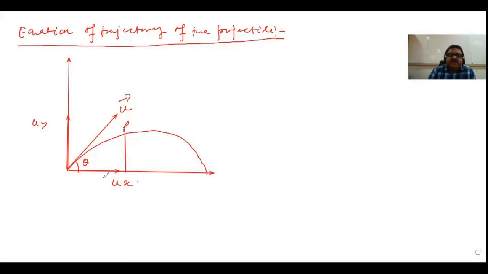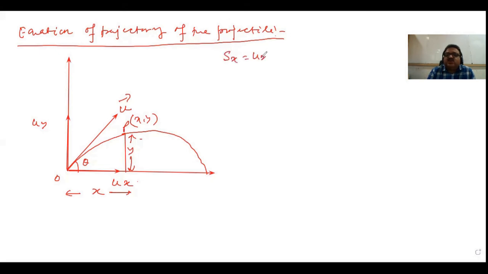Let this gap be x, and this height be y. So, what is the coordinate of this point? x comma y. That means horizontal displacement is x, and the vertical displacement is y. So let t be the time after which the projectile reaches this point. So what is the value of x? So let me apply motion along x-axis.